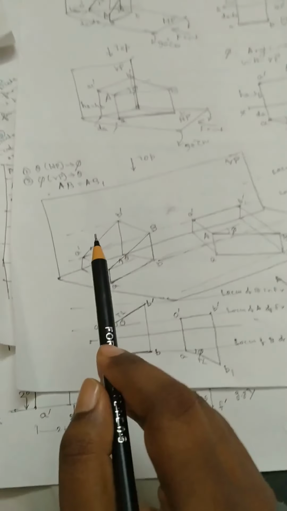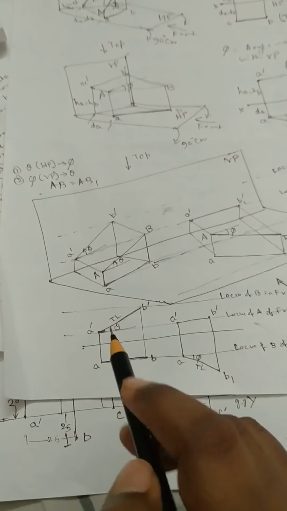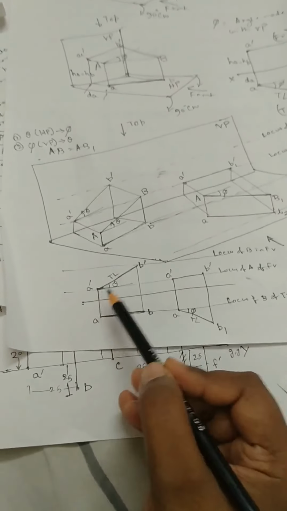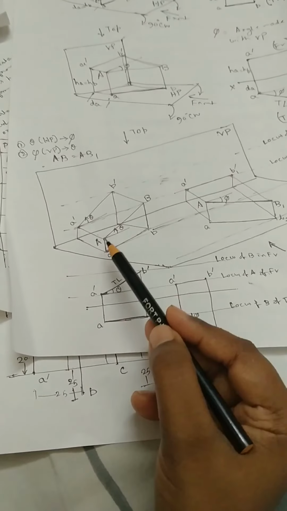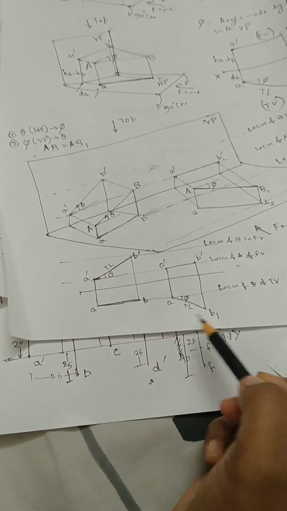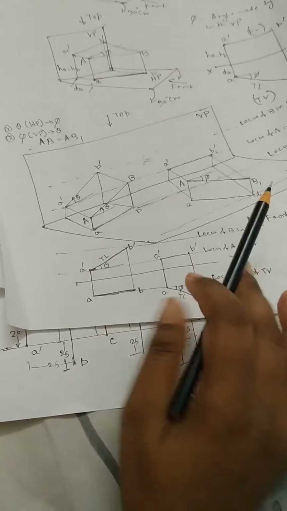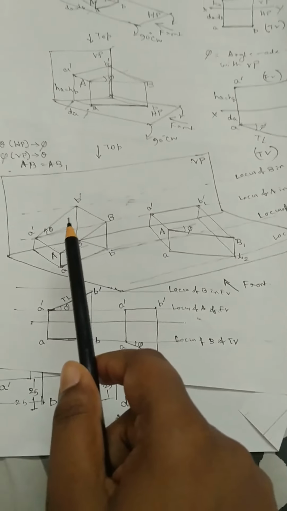So you know how you have to draw it, front view and top view, then the 2D plane. This is your true length A dash B dash, which is equal to your AB. Here for this case AB1 is your true length. So I took some consideration here.